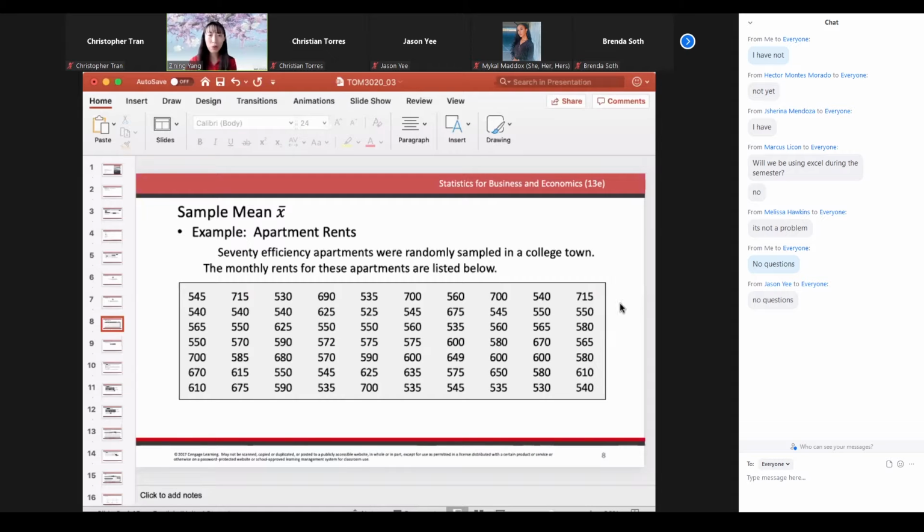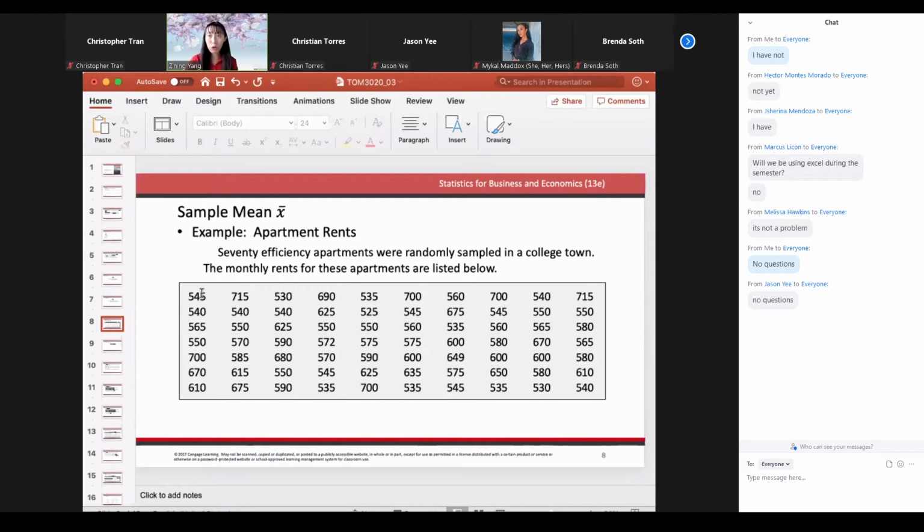A quick simple example. If we want to look at apartment rent, we take a sample of 70 apartments. Well, there are more in the city, but we only have time to analyze 70. So it's a sample of 70 apartments, and we recorded their monthly rent.